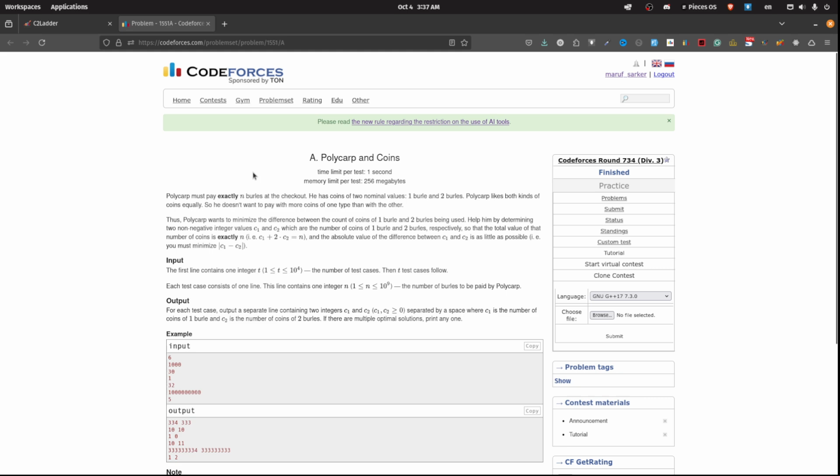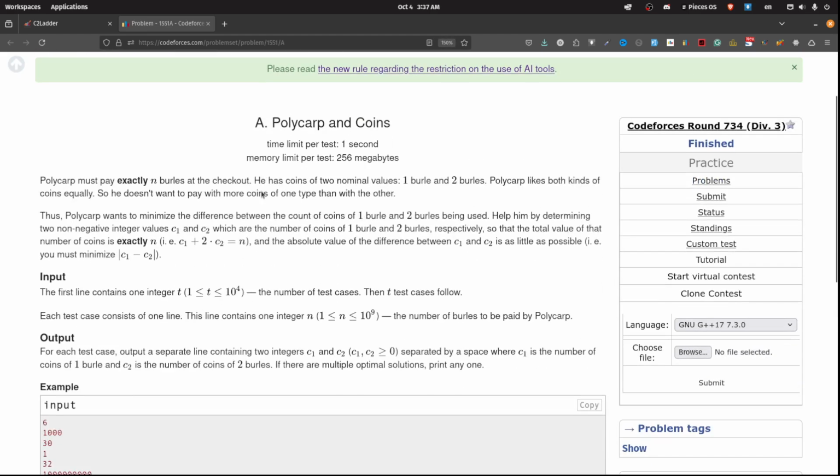So here it says, okay, let's zoom in a little bit. Polycarp must pay exactly n burles at the checkout. He has coins of two nominal values, one burle and two burles. Polycarp likes both kinds of coins equally, so he doesn't want to pay with more coins of one type than with the other.